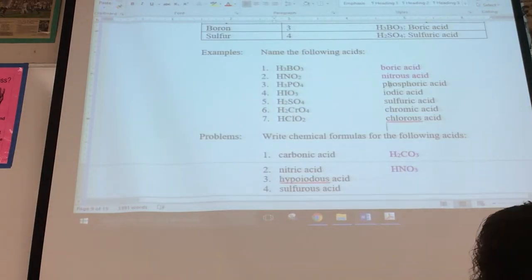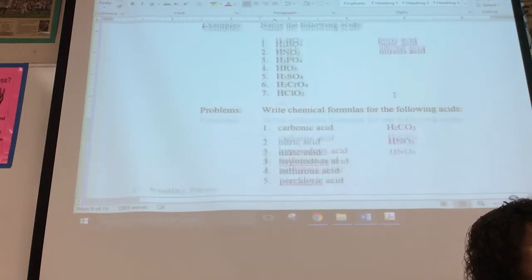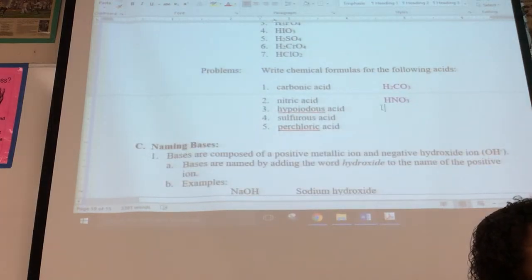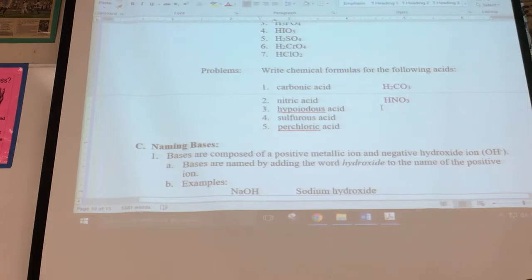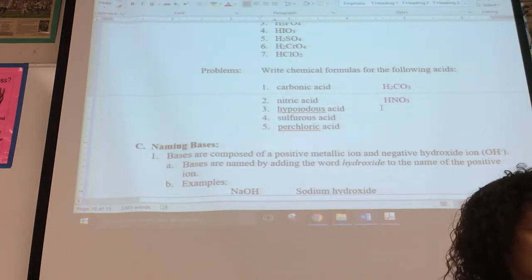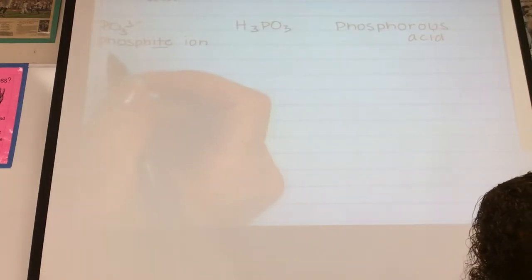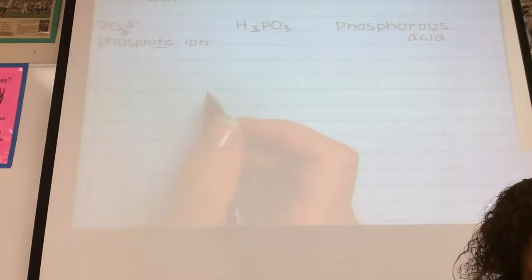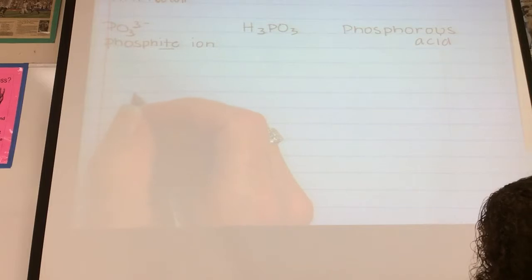All right, so the naming, pretty straightforward. The writing of the chemical formula, I think, will be pretty straightforward as well. I'll write these on paper so you can see the derivation. Carbonic acid, it's given to you, but I'll go over it. Ic comes from ate.